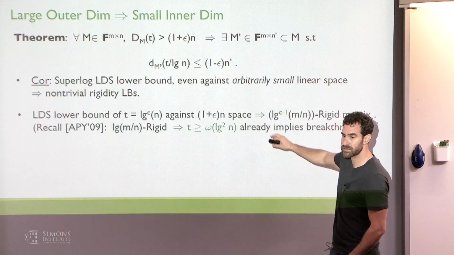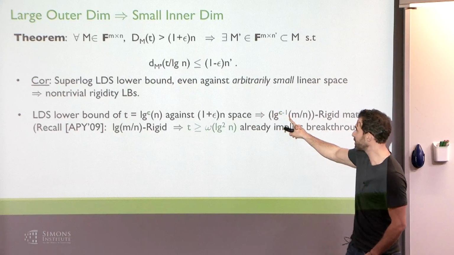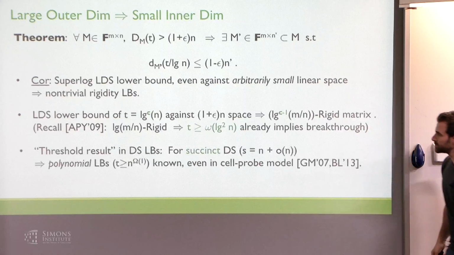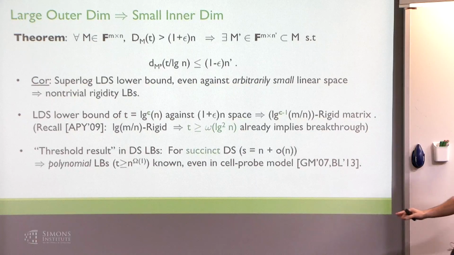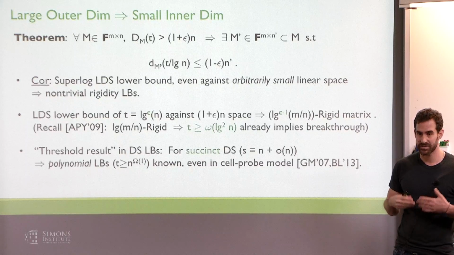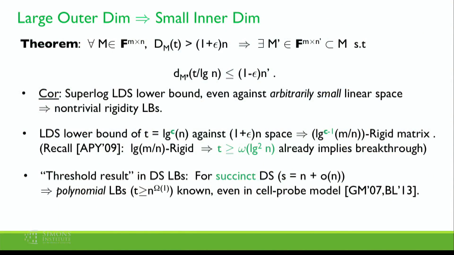Does everyone agree with this corollary? You lose one log factor because of this. I want to say that this indicates a threshold result in data structure lower bounds, because for succinct data structures, if I constrain the data structures to use not 1.01 n, but actually n plus little o of n plus root n space, then we know polynomial cell probe lower bounds.